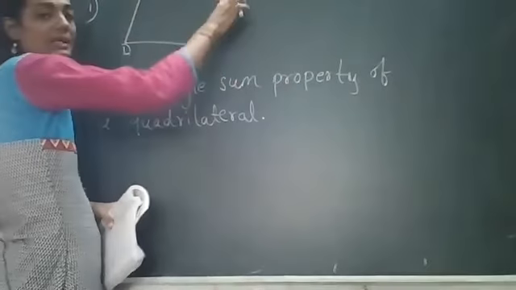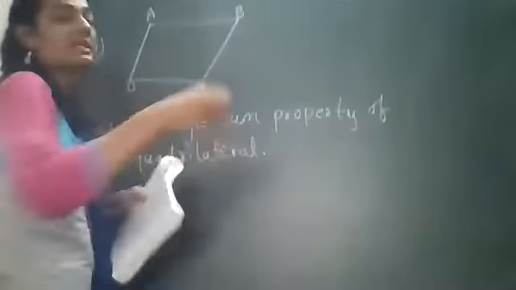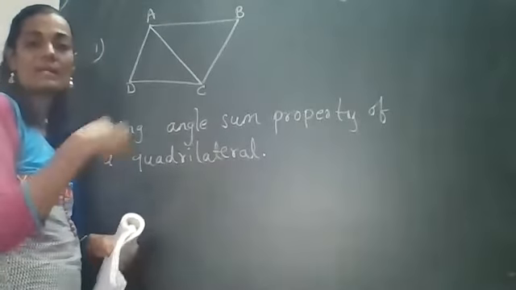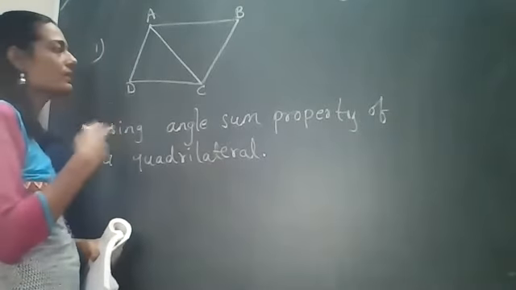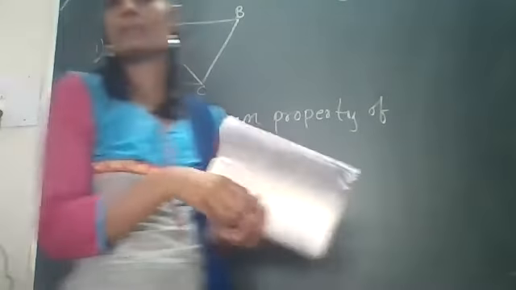Suppose this is the quadrilateral, so in this quadrilateral one diagonal divides the whole quadrilateral into 2 equal triangles. That is theorem 8.1.